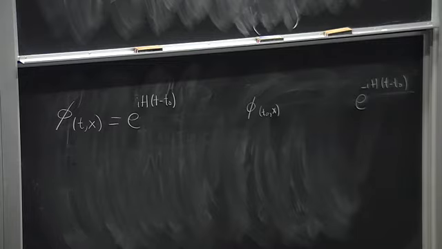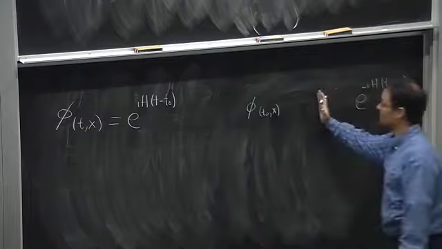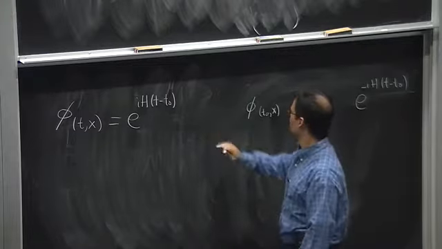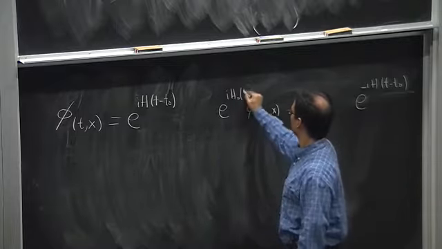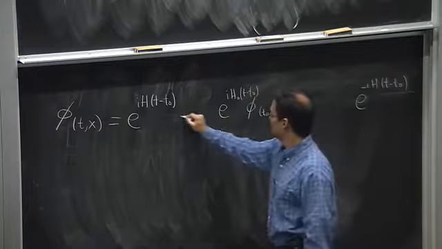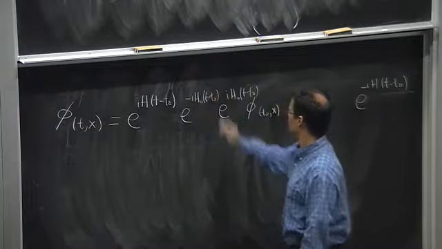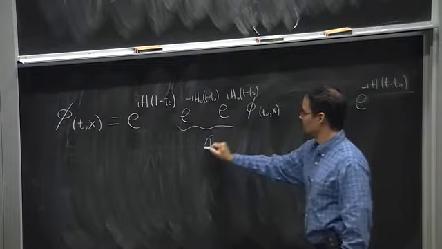And the reason is that I want to introduce the identity here and the identity here, okay? So I'm going to introduce the identity operator, but I'm going to decompose it as e to the i H0 (t minus t0) and e to the minus i H0 (t minus t0), and do the same thing here. So note that this is just the identity.